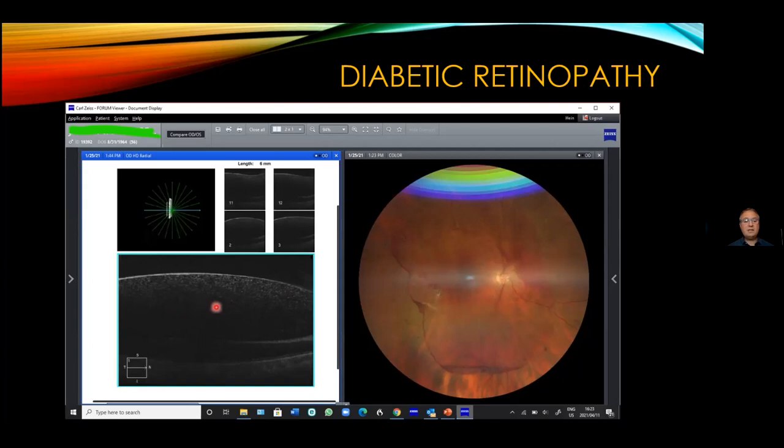So the OCT that we're seeing there, that's the vitreous face. All of this is blood. And due to the blood obscuring the laser light, we've got difficulty seeing the macular structures there.